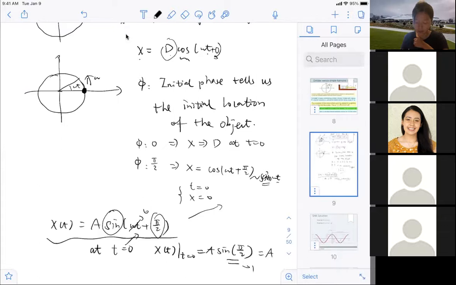So this is A. So this gives you the same initial condition as this one, because sine and cosine are really just a pi over 2 phase difference. So if they give you a non-zero phase, you also need to look at whether it's a sine or cosine to figure out where your initial condition is and where the initial location of your object is.